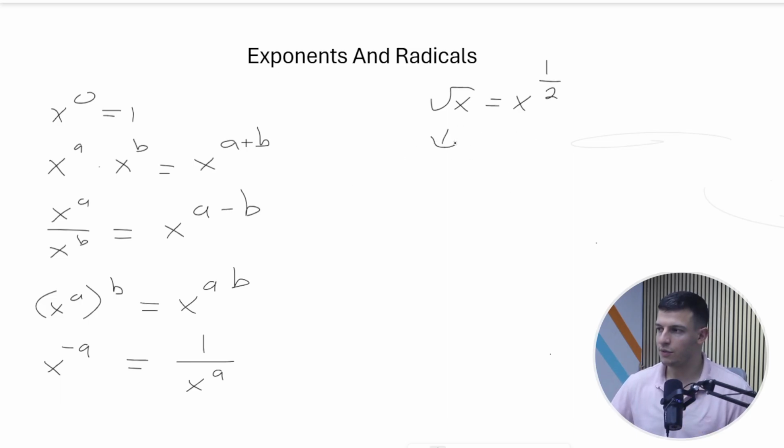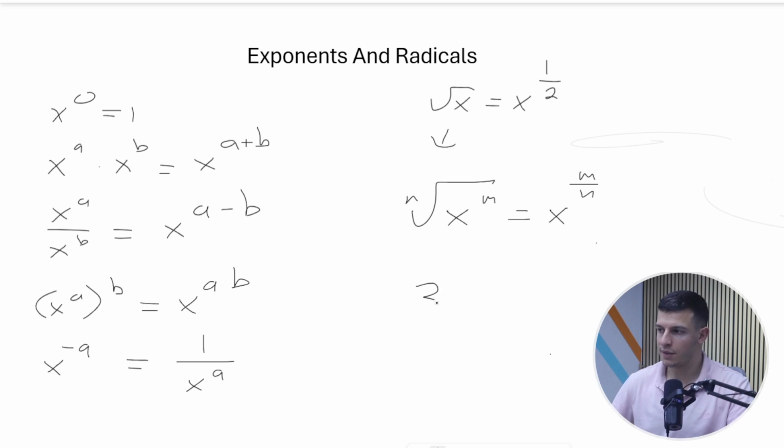In general, for a radical where the degree of the root is n and the power is m, we can write it as x to the power of m over n. So we can go the other way around, obviously.